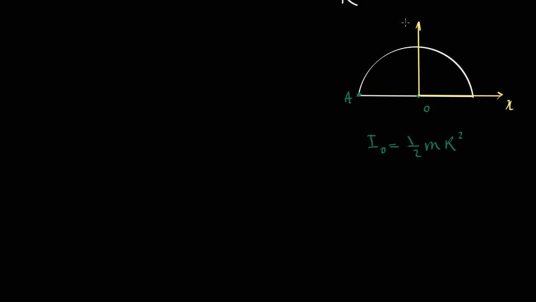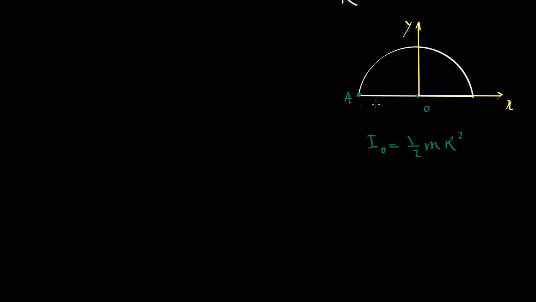So we know that because we have symmetry about the y-axis, the center of mass would be somewhere along the y-axis. So the x component for the position of the center of mass would be 0, but for the y component we have to find it.